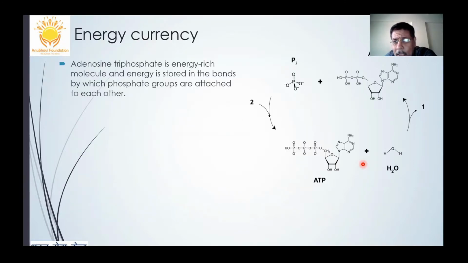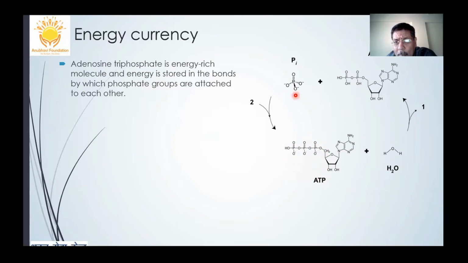Now, what is the energy currency here? We have to know that adenosine triphosphate is an energy-rich molecule, and energy is stored in the bonds by which phosphate groups are attached to each other. So ATP has an adenosine group attached to three phosphate groups.